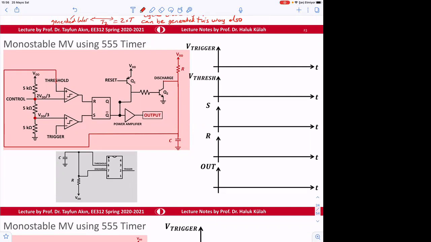So if you remember the monostable multivibrator concept, in this concept, the system is stable in a steady state until a disturbance comes, and then with the disturbance, the output will go to a different state, and even though the disturbance goes away, the output will remain in that unstable state for a while and then go back to the stable state.